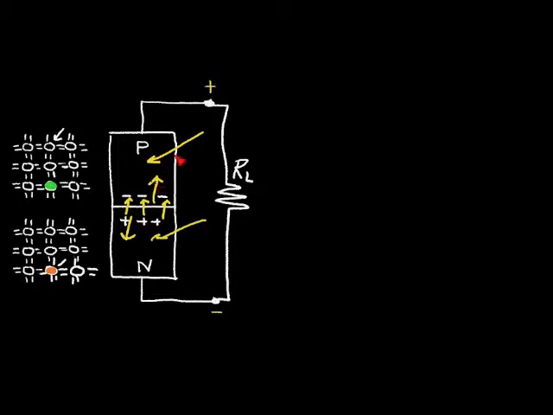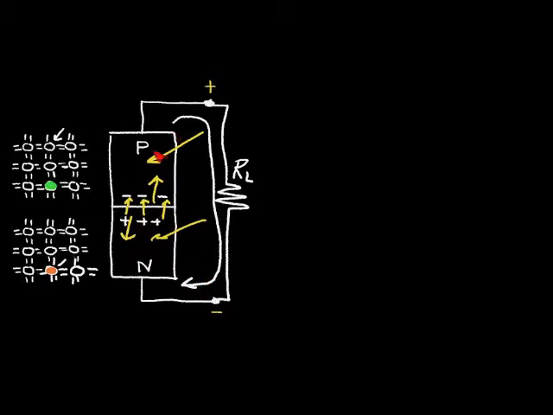And when light hits the P region and N region, and it creates electron hole pairs, and these electron hole pairs wander over into this region where we have this electric field, it produces current that flows through this load resistor.